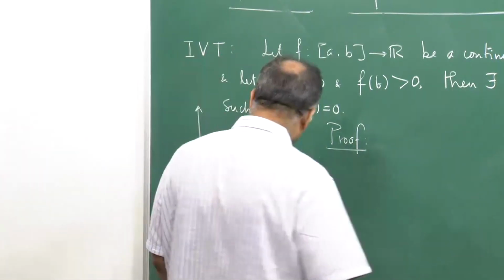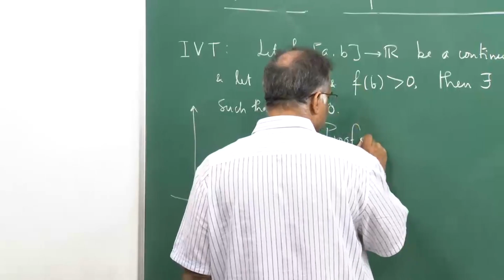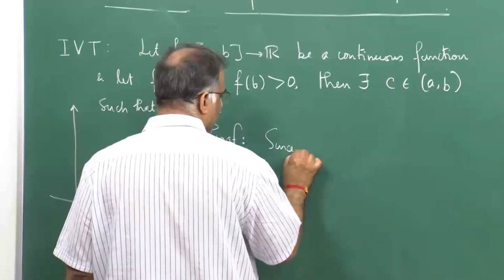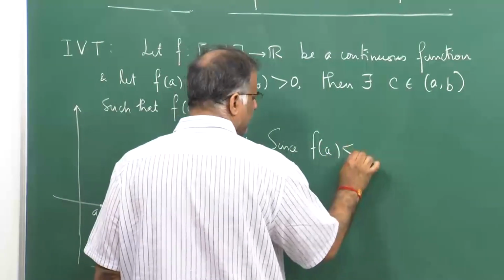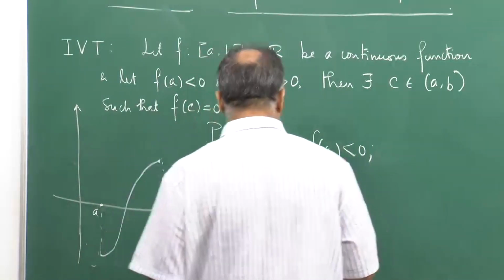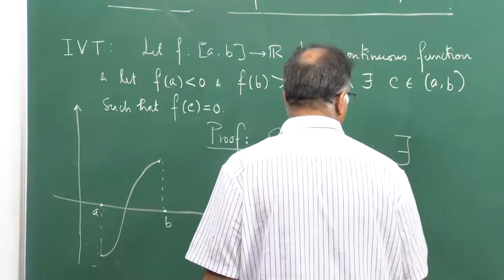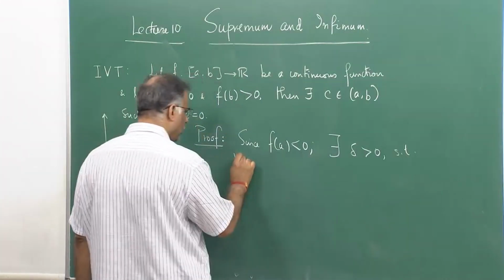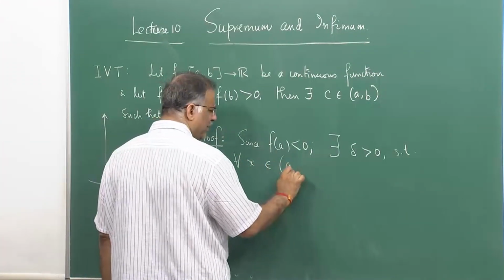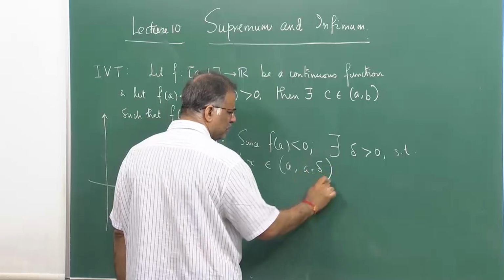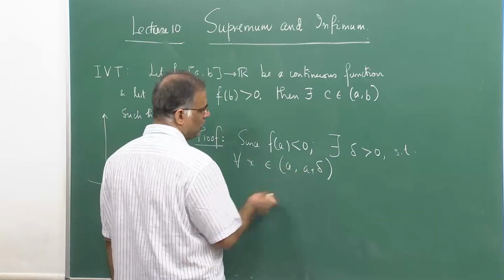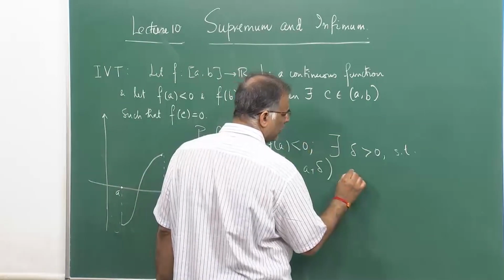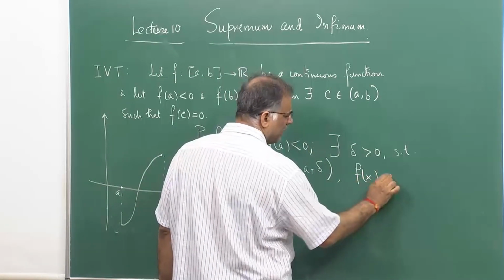So, since f A is strictly negative, there exists delta greater than 0 such that for all x in A, in fact you can say A also, does not matter, f of x is strictly negative.